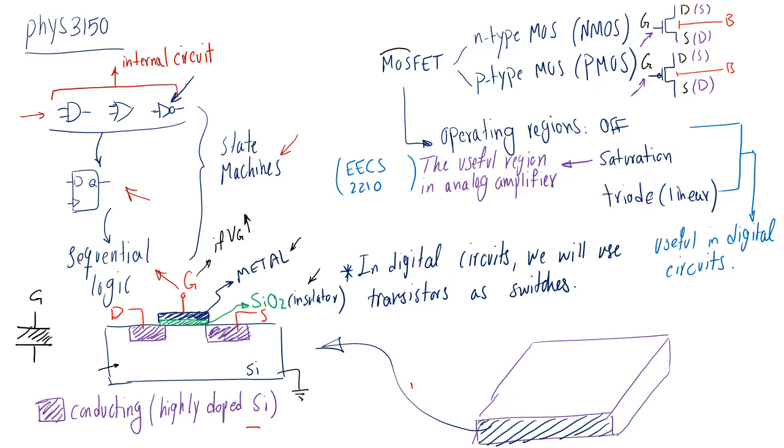So I'm going to have more and more free electrons absorbed and brought up from this region and from this region, and at some point I'm going to have so many free electrons in this region that it makes a channel for my source to drain, my S terminal and D terminal.